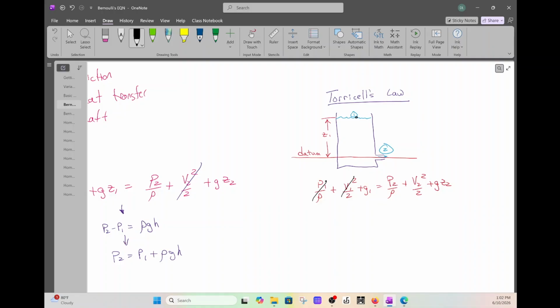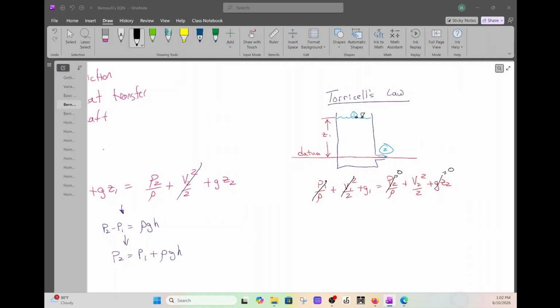So P1 is at atmosphere, so the gauge pressure is 0, so that goes away. Also, point 2 shoots out to atmosphere, so that's gone away. All right, and we said that Z2 is 0.